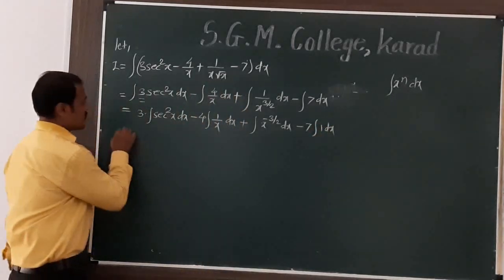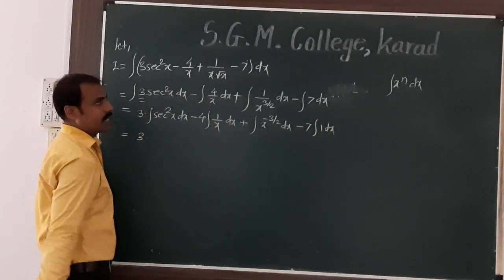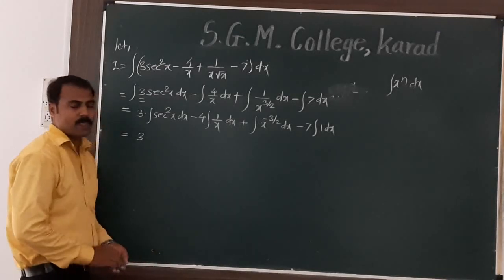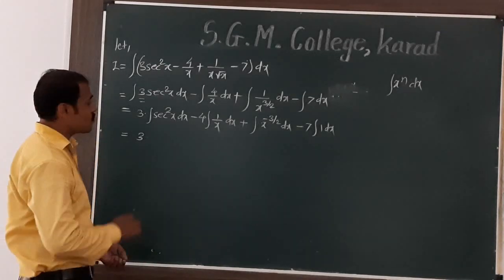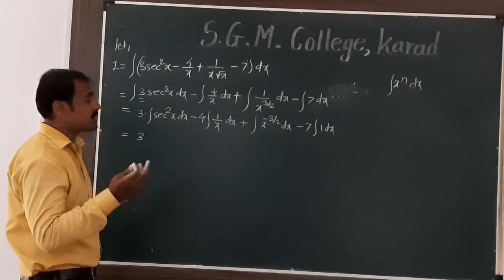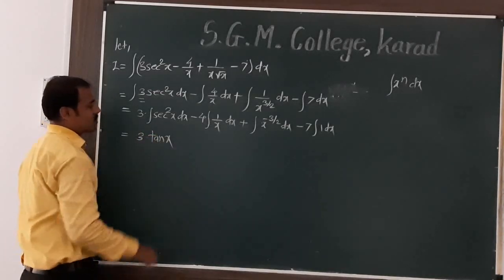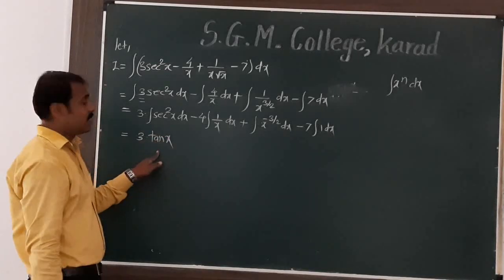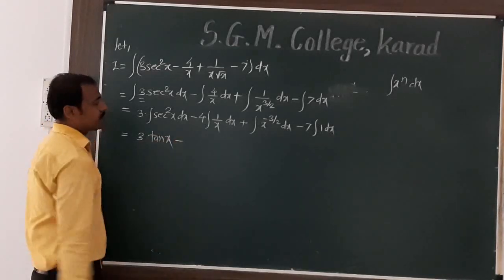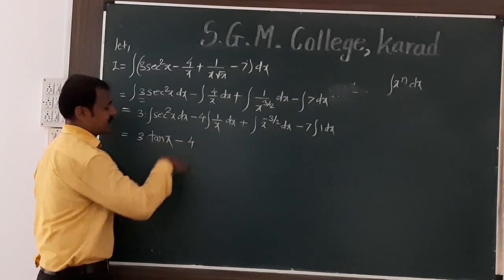Which is equal to 3 into integration of sec square x. Okay, integration of sec square x is what? Whose derivative is sec square x? The derivative of tan x is sec square x. So integration of sec square x is tan x, minus 4 constant as it is.